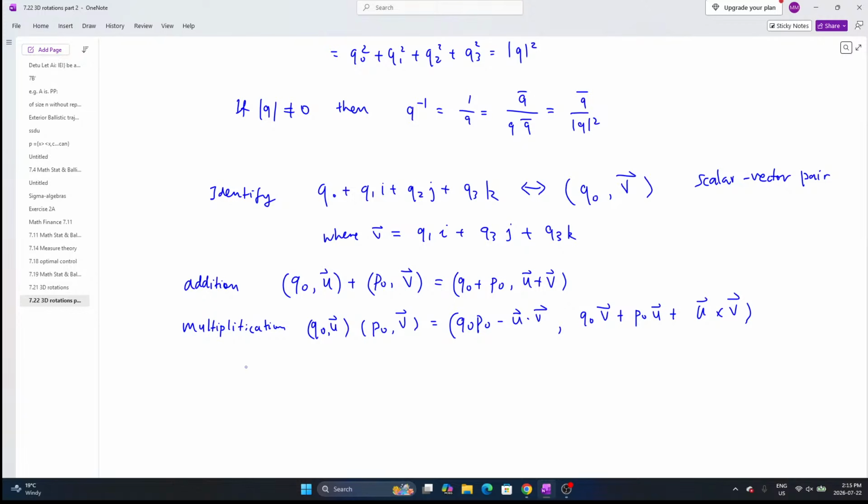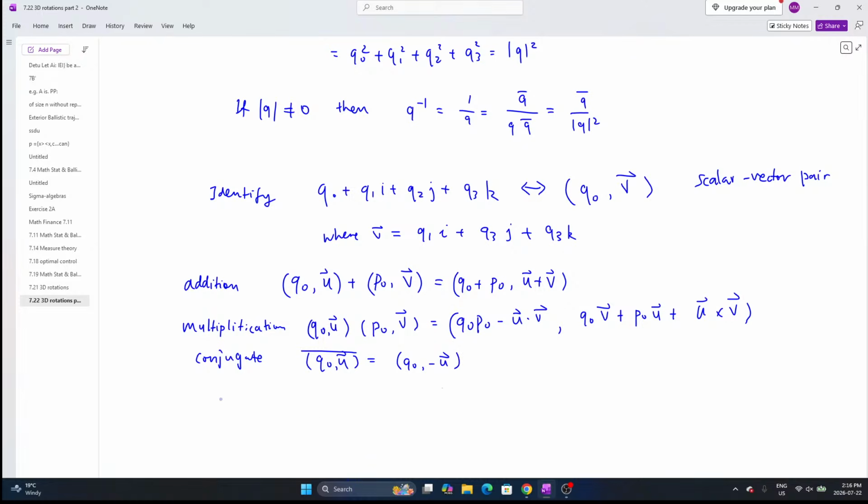So the cross product appears here. This multiplication. So conjugate is easy. Q naught U taking conjugate is just Q naught minus U. Okay, that's conjugate.